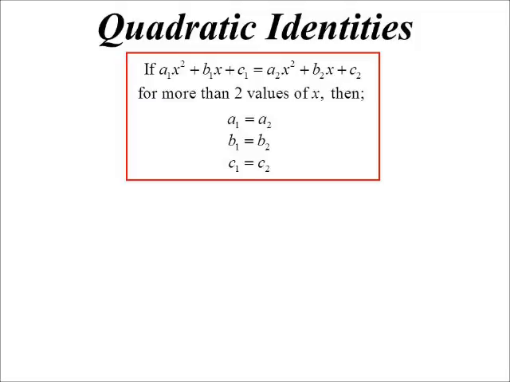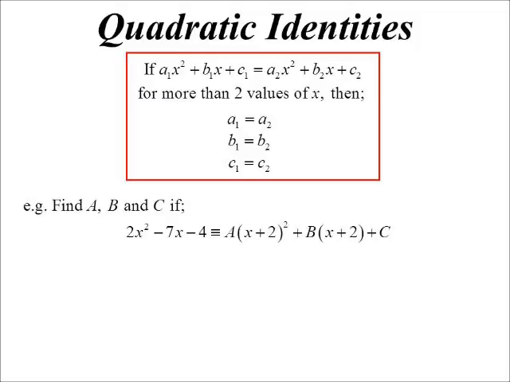But as soon as you get more than two values of x, then they must be the same parabola, because it's not like you can put one sideways, because they're both x squared. So more than two, it's the same parabola. So if it is the same parabola, then the coefficient of x squared must equal the same coefficient on the other side, the coefficient of x, and so on. So that's the basic idea.